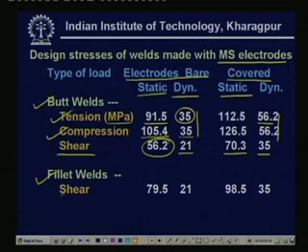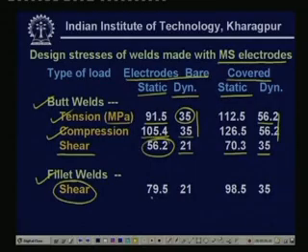For the fillet weld, normally we take only the shear, because, as I have discussed in the last 2 or 3 design criteria, we take the shear stress of the fillet into account. The shear stress for the static loading is 79.5, which is large compared to that of the butt weld, but the dynamic stress is almost the same. For the covered electrode it is 98.5, again a higher value than that of the butt weld, but the dynamic stress is the same. So, these are roughly the design stresses of welds.